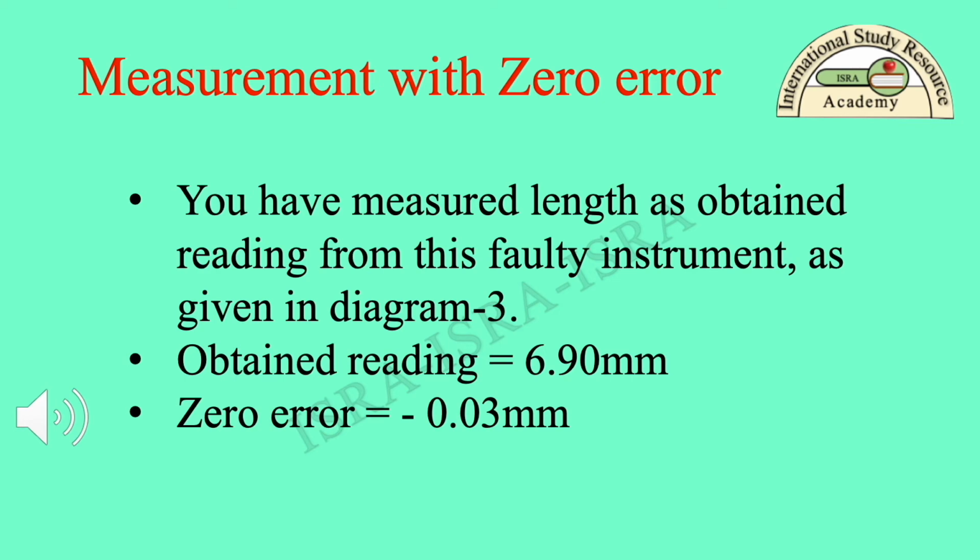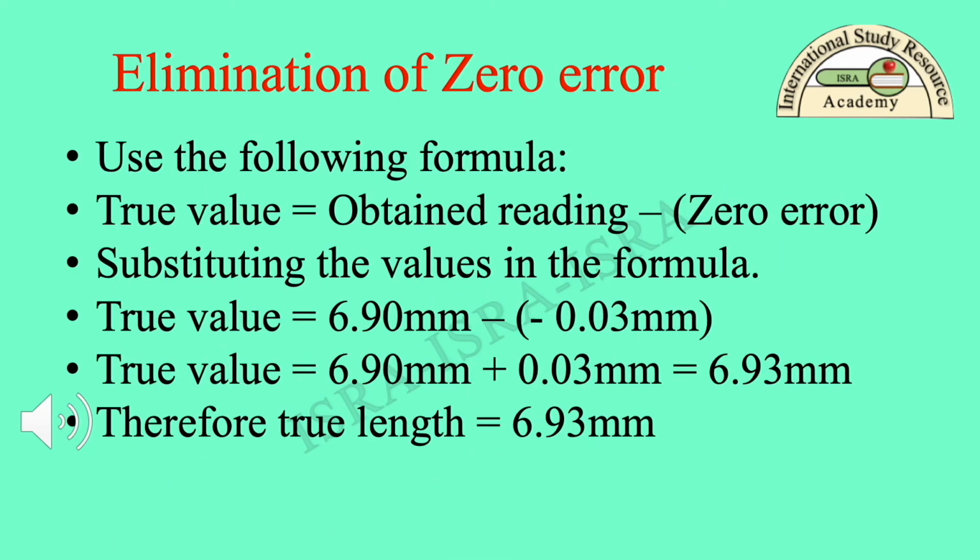Similarly, you have measured negative zero error of this faulty instrument when its jaws are fully closed. The zero error measured is equal to negative 0.03 mm. Elimination of zero error. Use the following formula. True value is equal to obtained reading minus within bracket zero error.